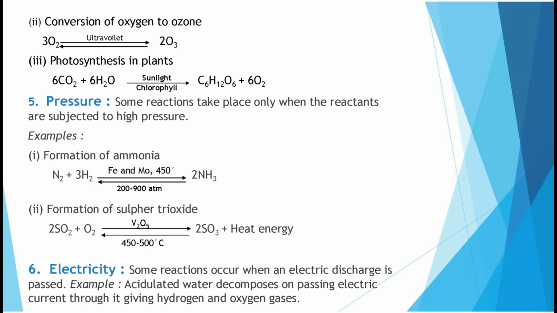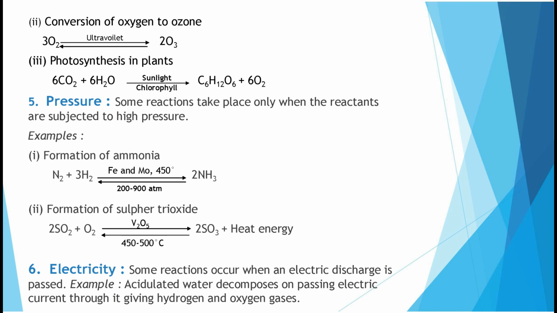Then the next example is conversion of oxygen to ozone. So there is oxygen, and in the presence of ultraviolet light, oxygen will convert into ozone. The formula of ozone is O3. The next example is photosynthesis in plants. This is a very common example. You have also studied photosynthesis in your previous classes.